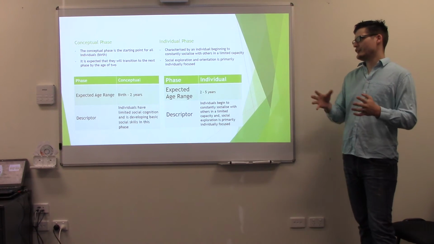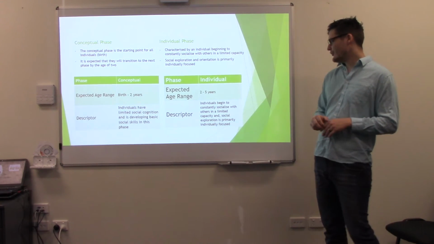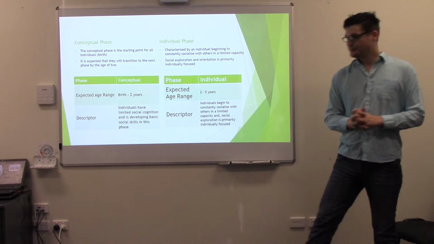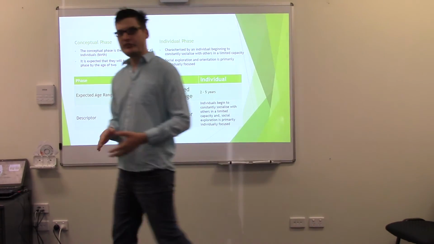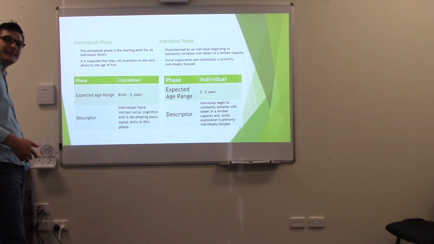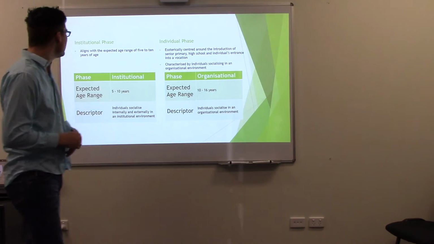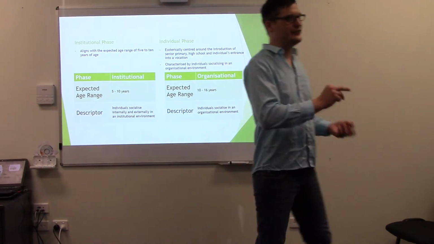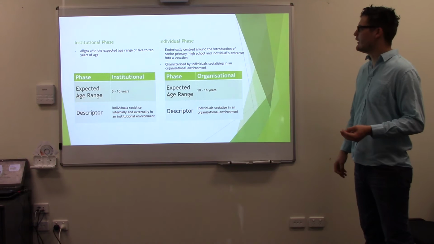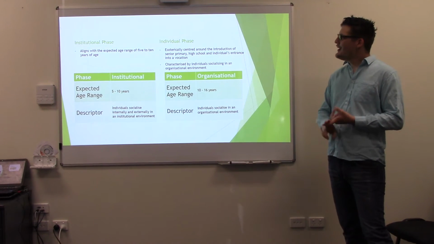And social exploration and orientation is the primary focus of this part of the spectrum. So they're just coming to grips with the world and what exactly is going on around them.